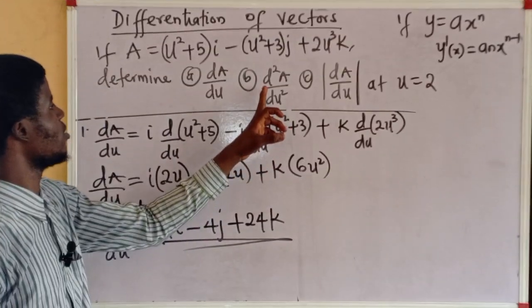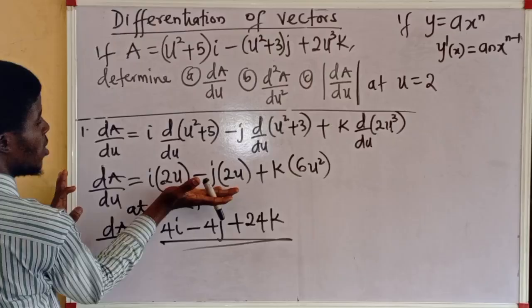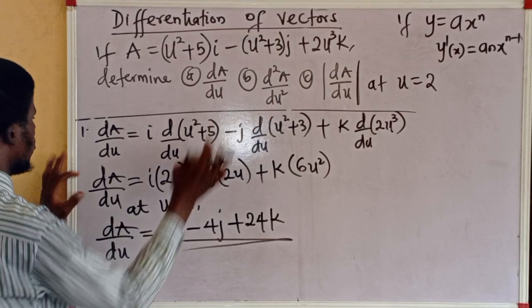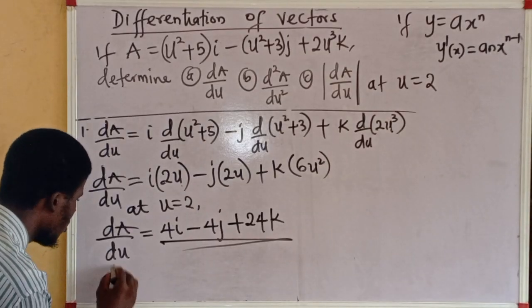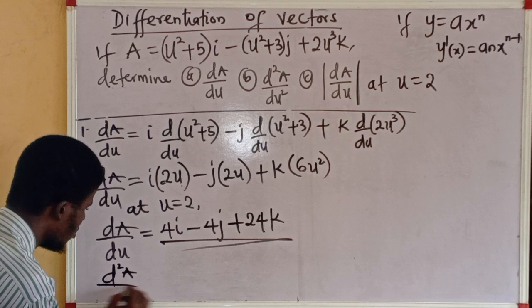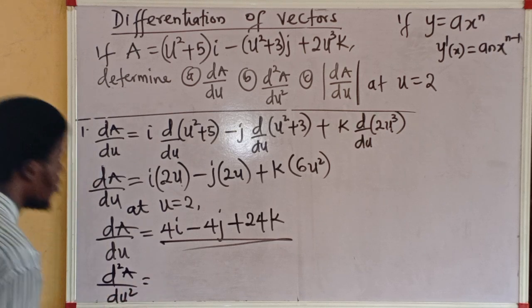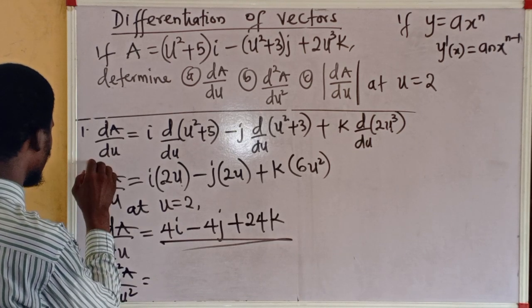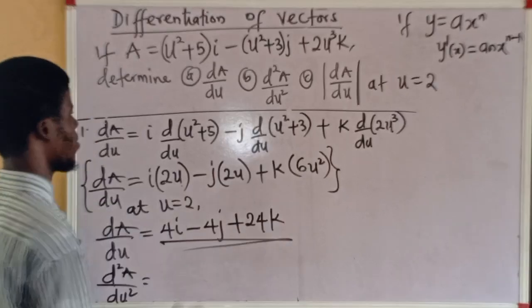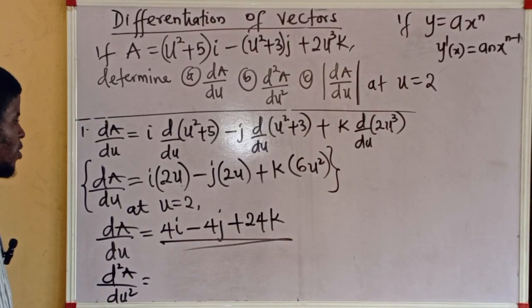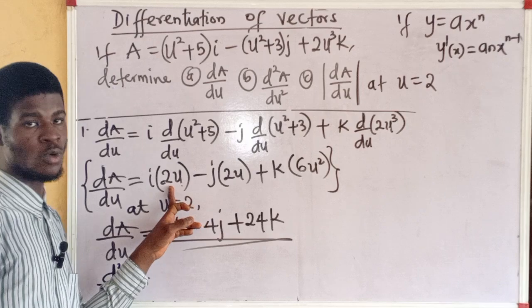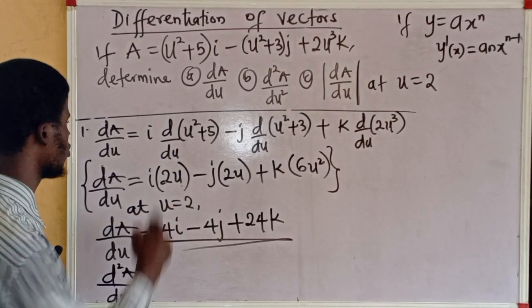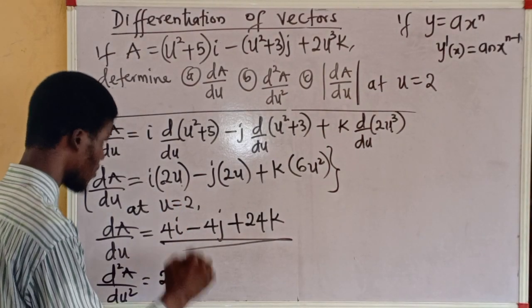So let us determine d squared A/du squared. To get a second derivative, we're going to differentiate this one. So d squared A/du squared is this. Differentiate 2u with respect to u, that will be 2, so we have 2i.